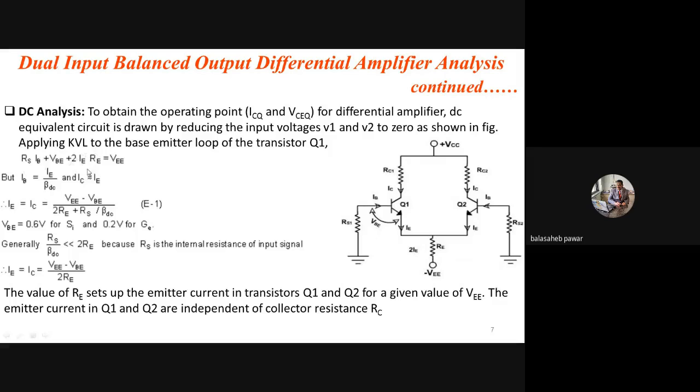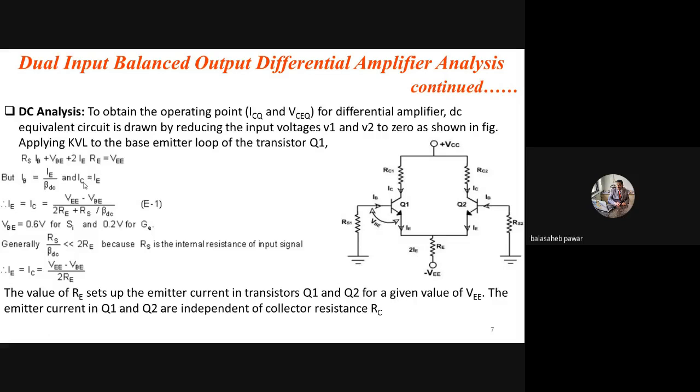Okay. Now you might have learned this current relation in the case of BJT. Base current equals emitter current divided by beta DC. Beta DC is nothing but the amplification factor of the transistor, and IC is approximately equal to IE.